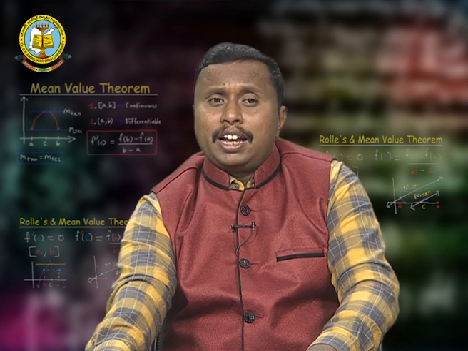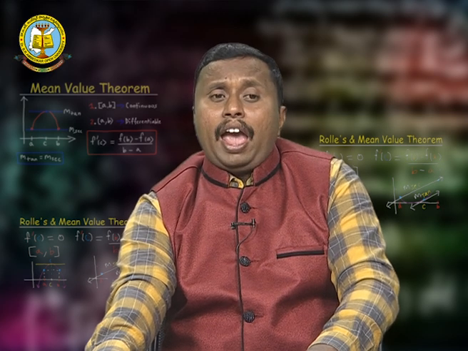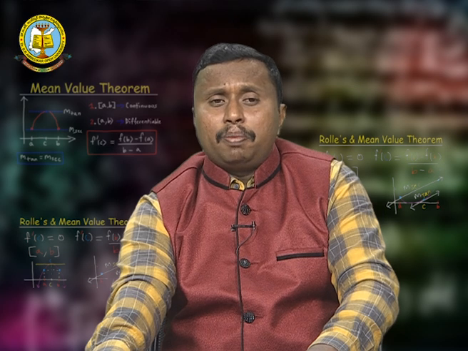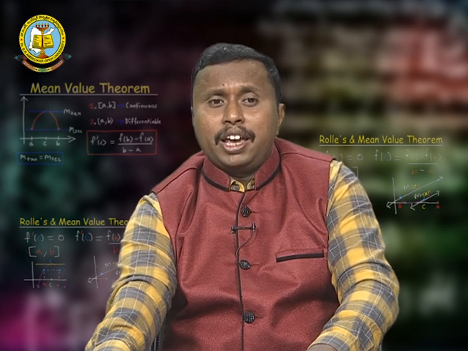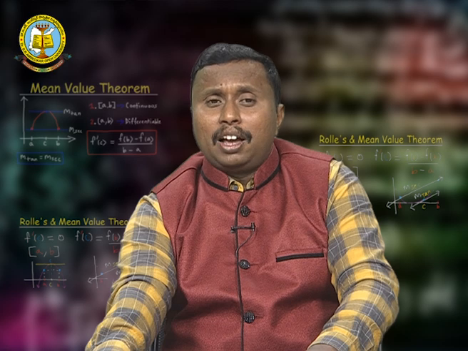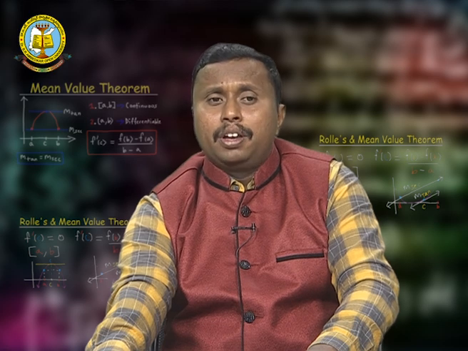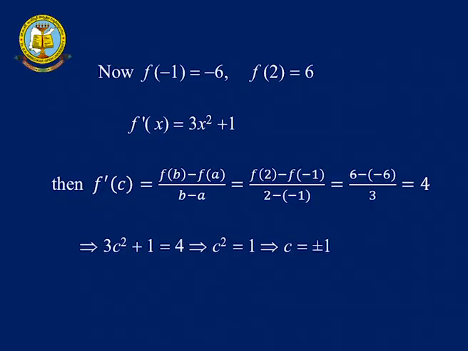So what is the Lagrange mean value theorem condition? F dash of c equal to f of b minus f of a by b minus a, and that c must belong to the open interval a comma b. Now let us see f of minus 1. Here f of x equal to x cube plus x minus 4, no? Then f of minus 1 becomes minus 6.